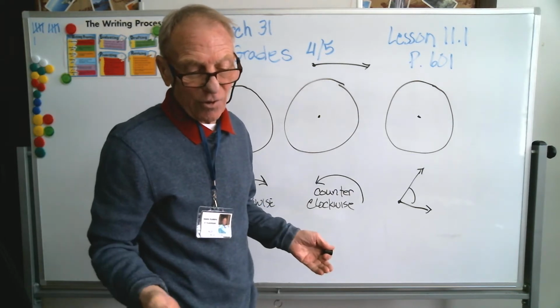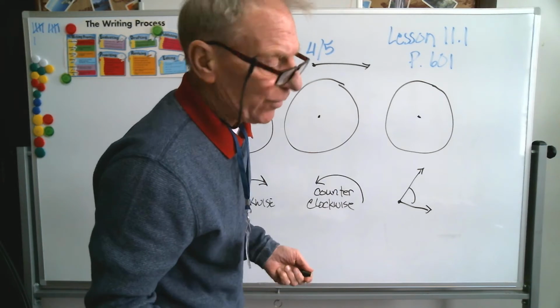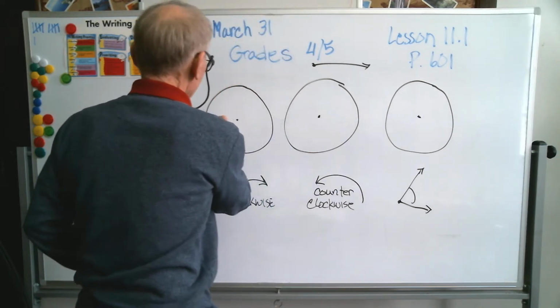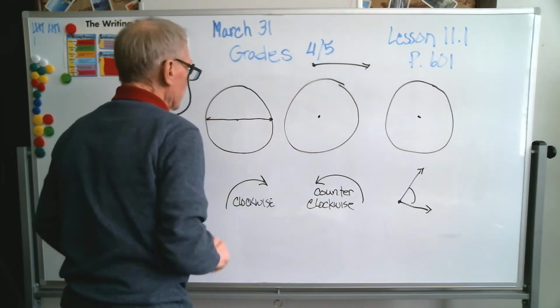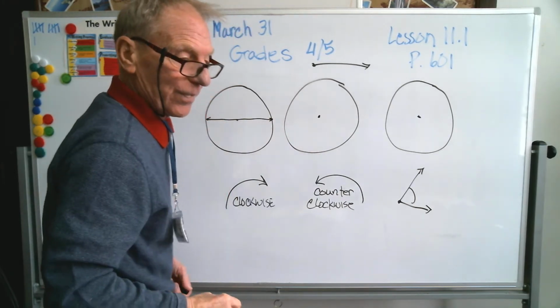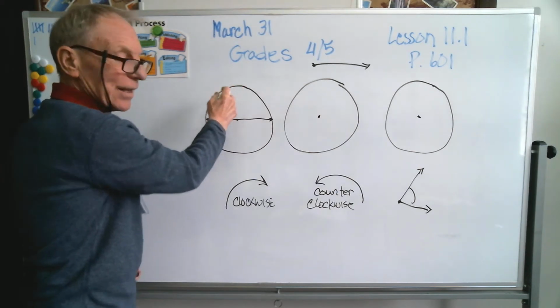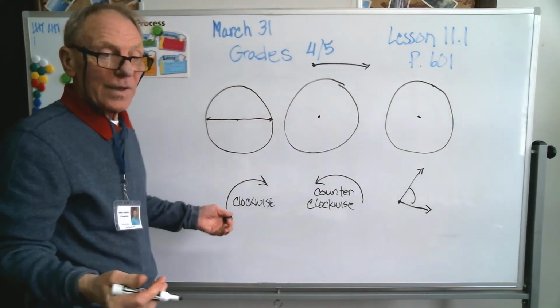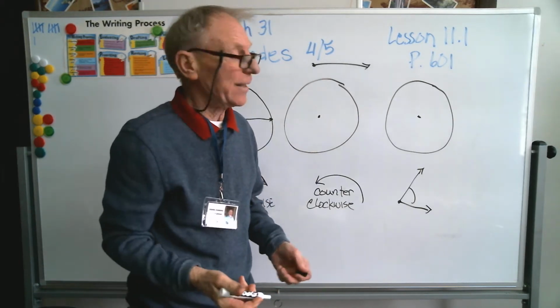On page 603, they give you a bunch of examples there. The first one is showing the two hands going straight across. And you see there is no real angle on those rays. That's what they call a straight angle. It's straight.